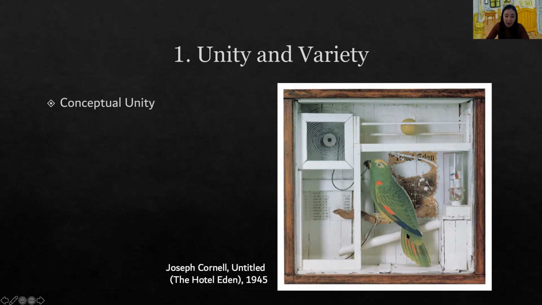So the bird and the yellow ball are conceptually united in terms of freedom. That is conceptual unity.